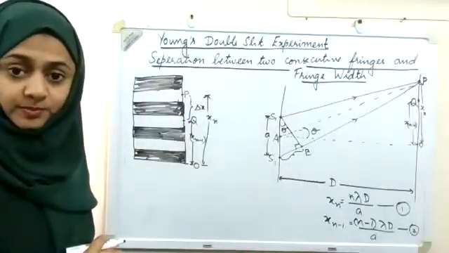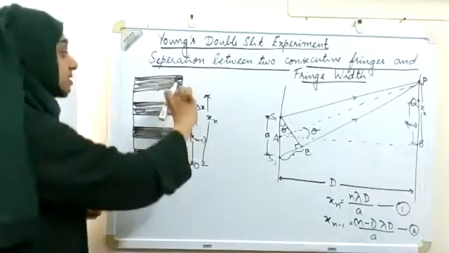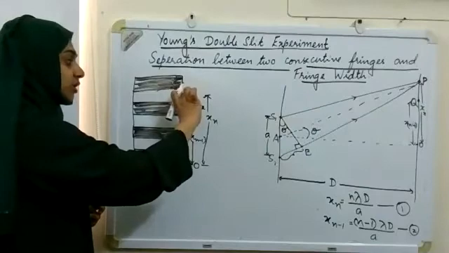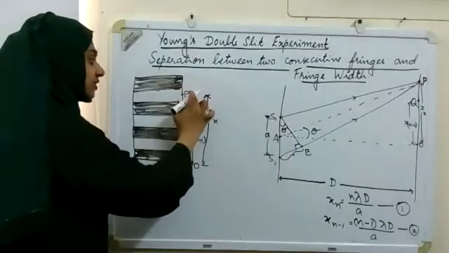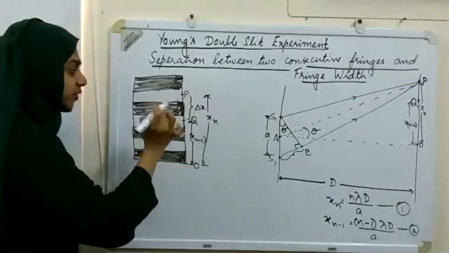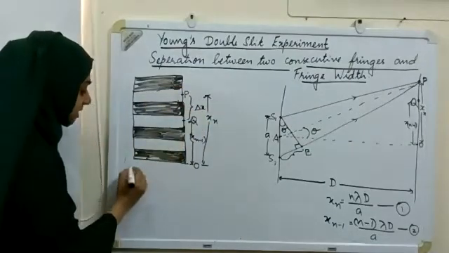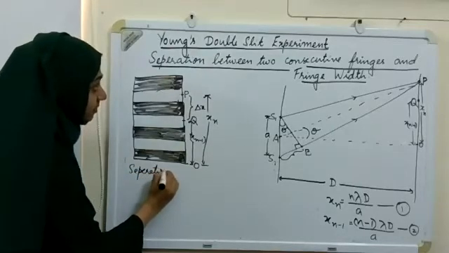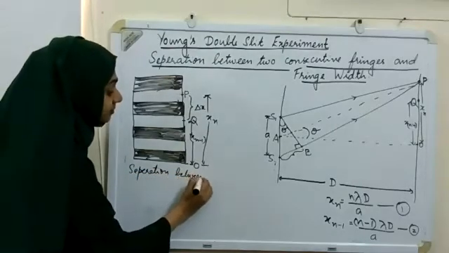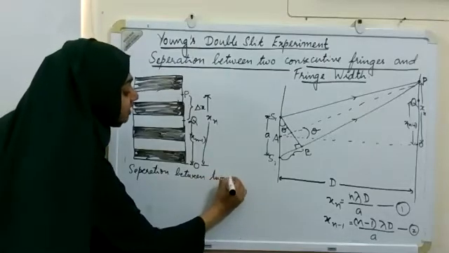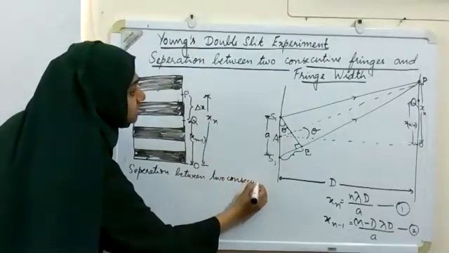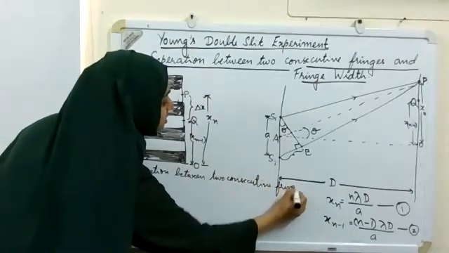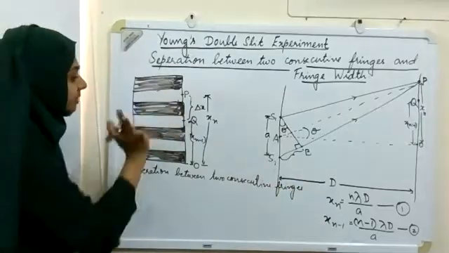Just the difference between the two points. The separation between two consecutive fringes, that is the distance between P and Q, let me express it as delta x. Consecutive means nearby fringes. Now here we have taken two bright fringes.